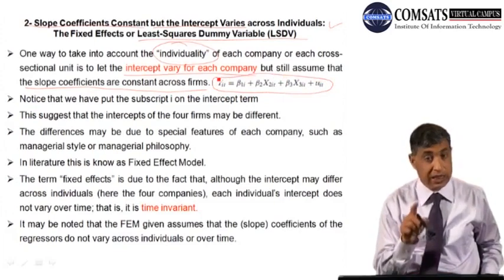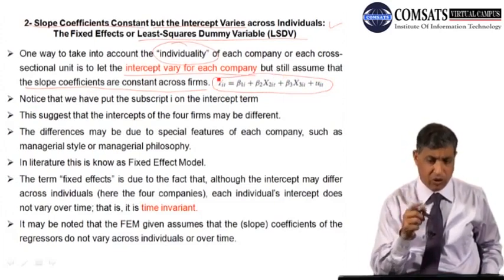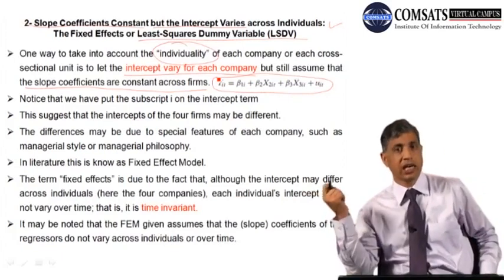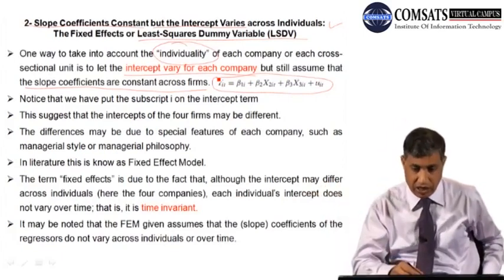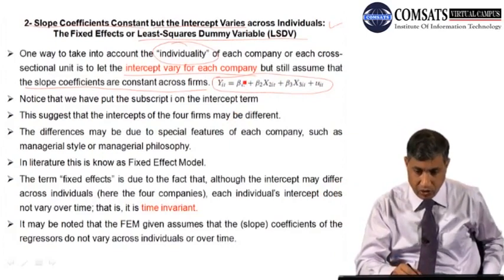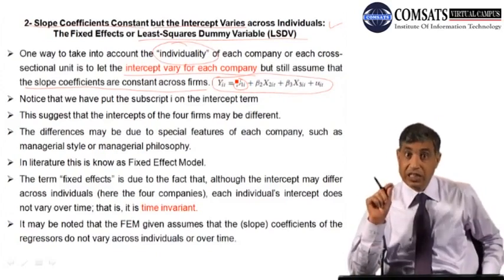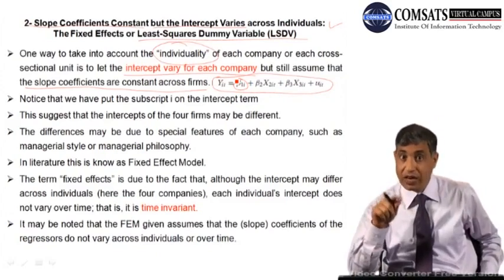Now you will have to see it keenly, that by looking there is no difference: beta 1, beta 2, x3, it. But look smartly at one difference here. This is now beta 1i. In the previous example it was beta 1. Now it is beta 1i.